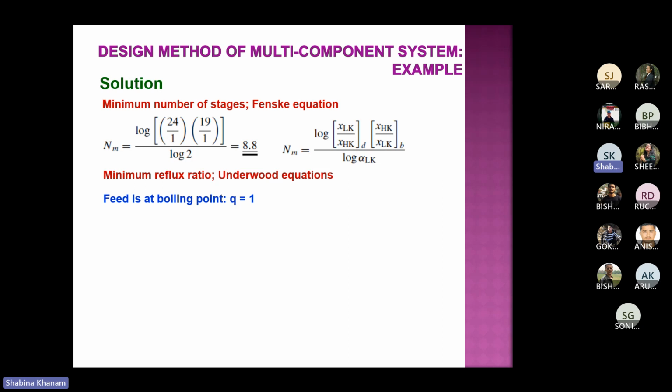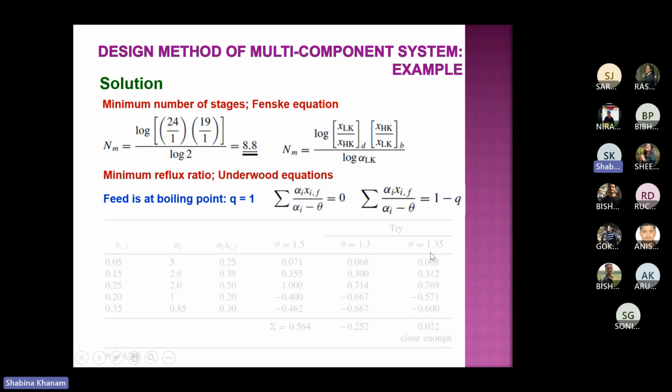need to find out considering this equation, and feed is at boiling point, so q, quality, should be 1. Once I'm having this Underwood's equation, we need to find out Rm, but before that we need to calculate this theta. When I'm considering boiling condition, the expression should be equal to 0.